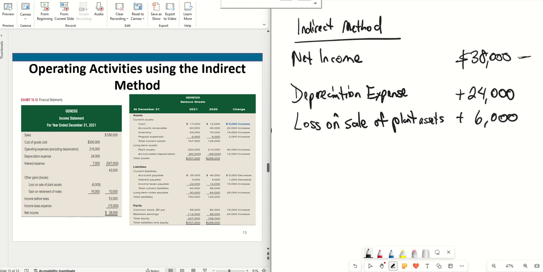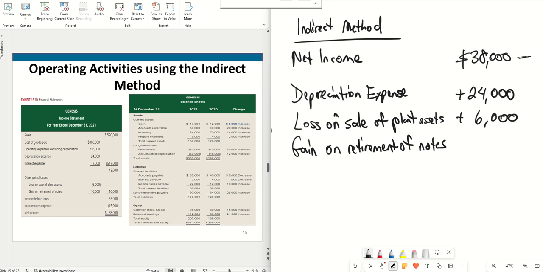And then lastly, we're going to put in our gain on retirement of notes. There's some additional information here. It says they paid $18,000 cash to retire notes with a $34,000 book value, yielding a $16,000 gain.